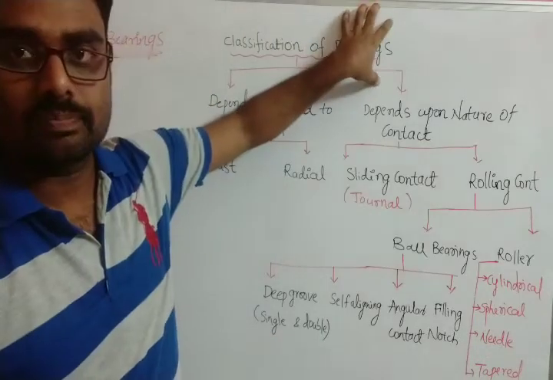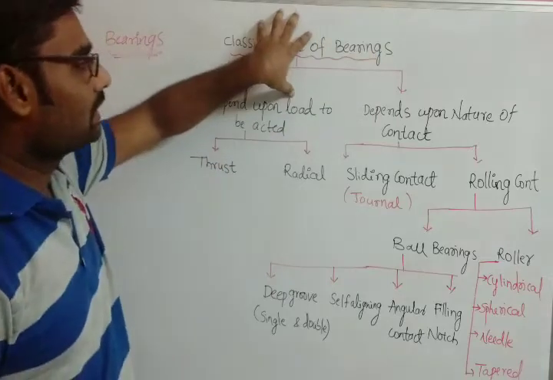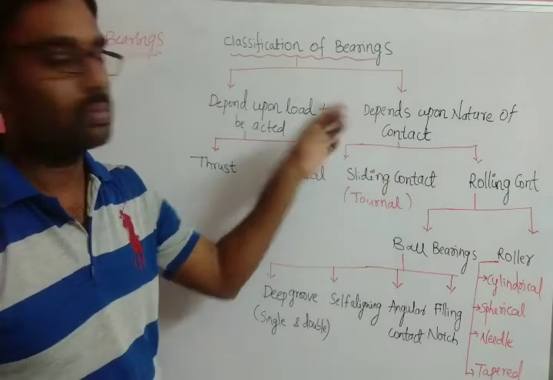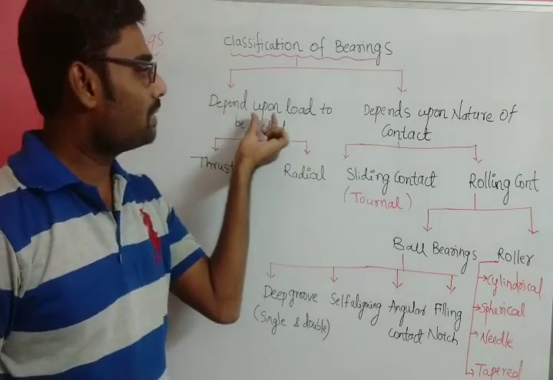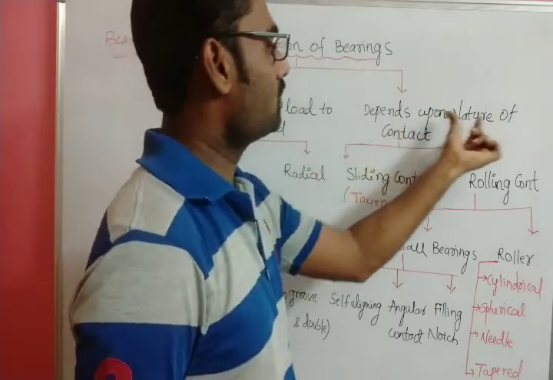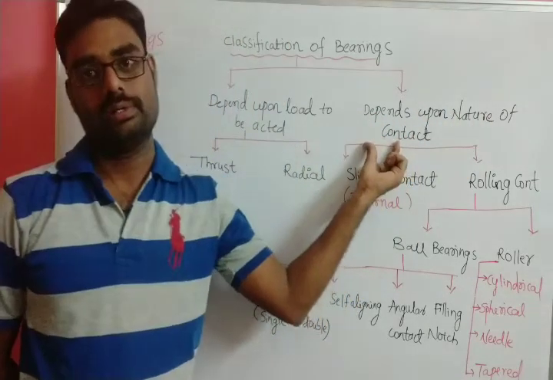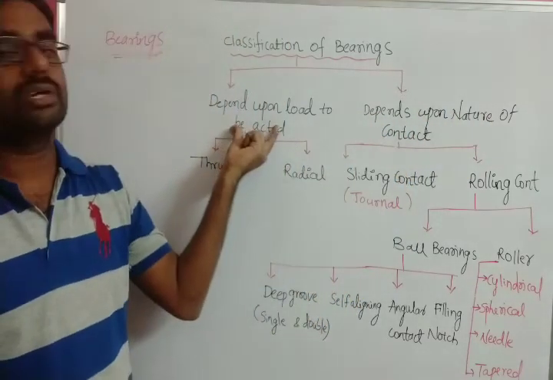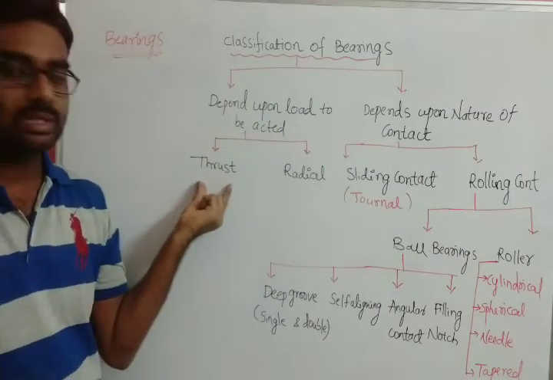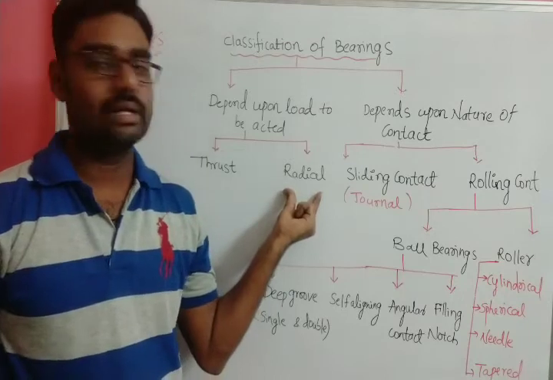Classification of bearings. Basically, bearings are classified into two types. The first depends upon the load to be acted, and the second depends upon the nature of contact. The first classification is divided into two types: thrust bearings and radial bearings.